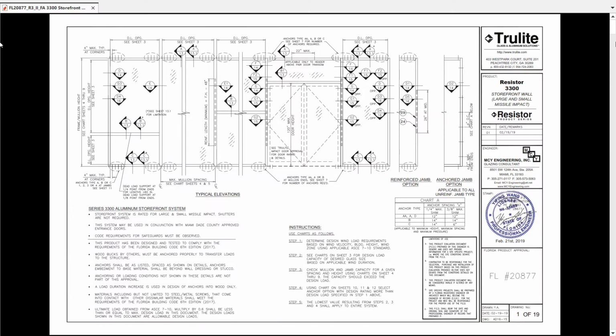This is an example set of installation instructions for the Resistor 3300 series system by Trulight. Trulight has done a really excellent job of creating their product approval documents, and so we want to take a look at them. This system in particular is a very complicated system.